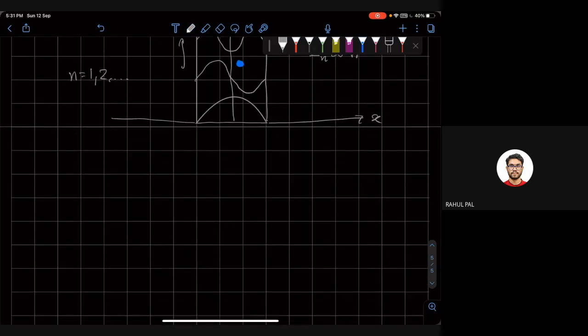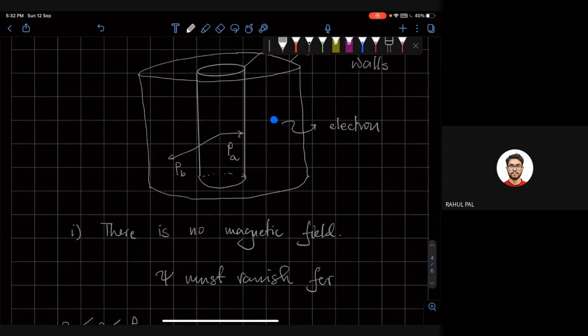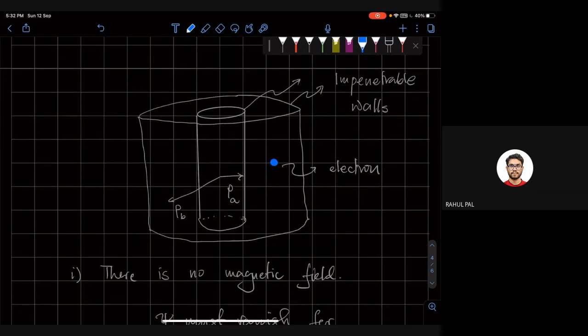Situation 2 is that we are going to turn on a constant magnetic field in the region rho less than A. We turn on some magnetic field such that the magnetic flux lines will just go like that.